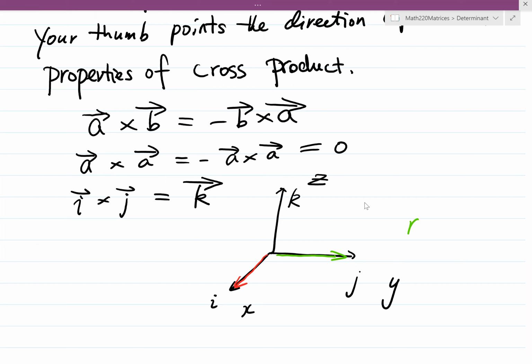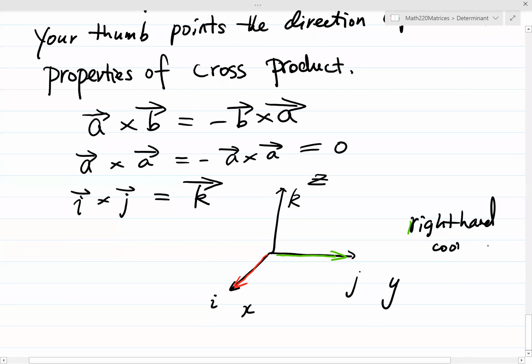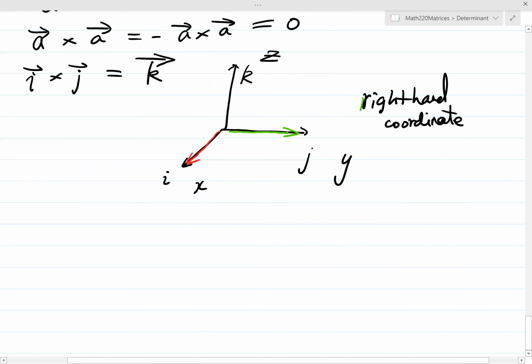So this we get a right hand coordinate, right hand frame. Now, if you do it like this, this is x, this is y, this is z.